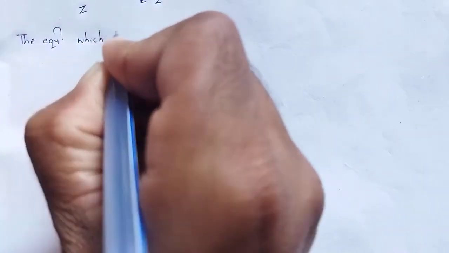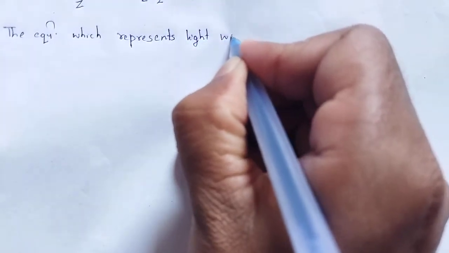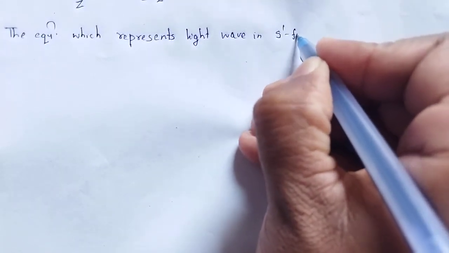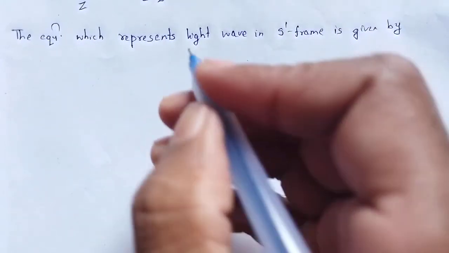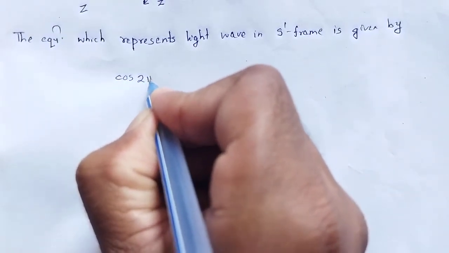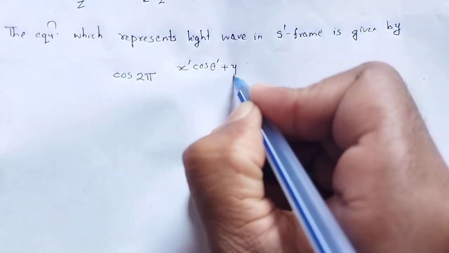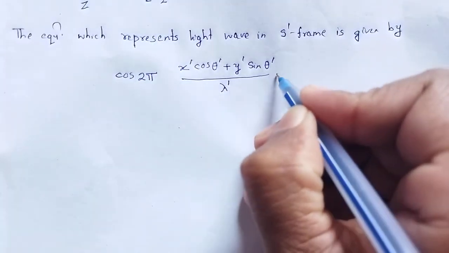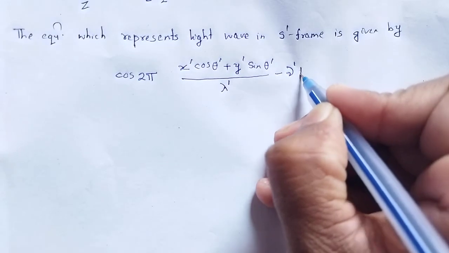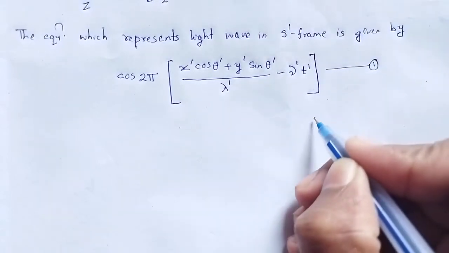The equation which represents the light wave in the S dash frame is given by cos 2 pi times x dash cos theta dash plus y dash sin theta dash divided by lambda dash, minus nu dash t dash. Take this as equation number 1.